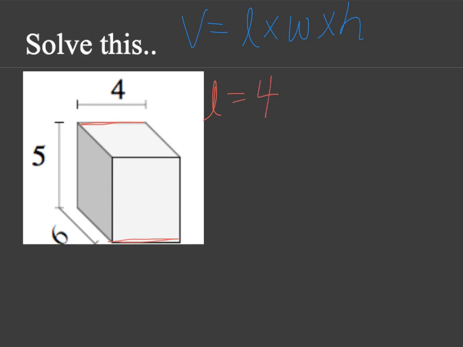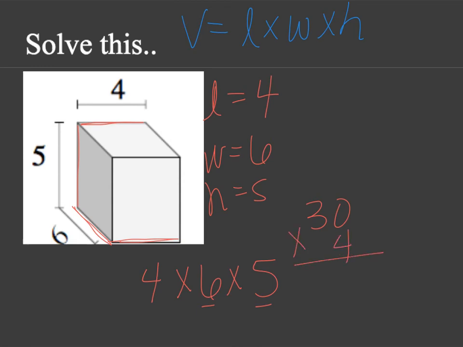Our length equals 4. Our width is 6. And our height is 5. So our volume is going to be 4 times 6 times 5. So I know 6 times 5 is 30, and 30 times 4 is 120. So the volume of this shape is 120 units cubed.